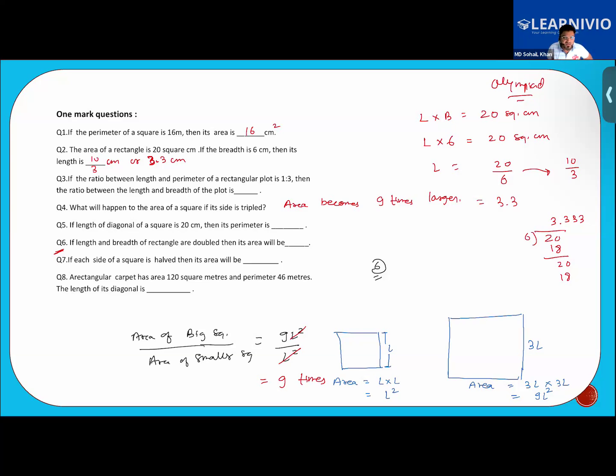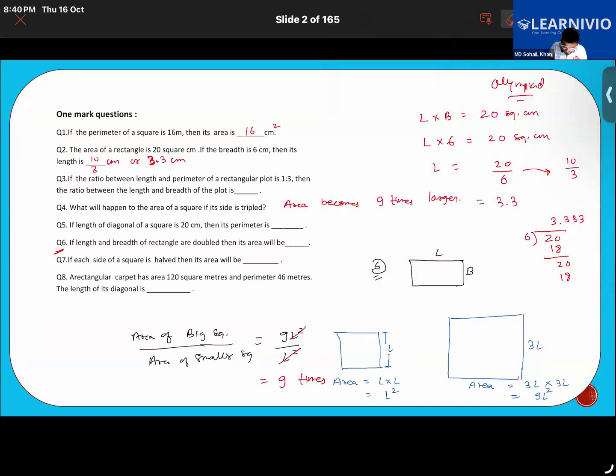So what I'm saying is that if the length and breadth of a rectangle are doubled, it becomes twice as large. Suppose earlier this was the length L, and this is the breadth B. Now what is happening? Let me erase this first.